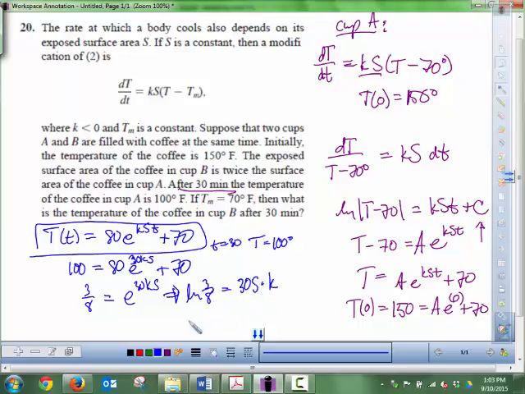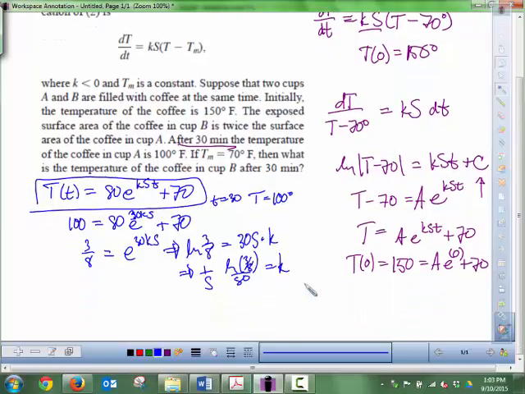Divided by 30s, you're going to get 1 over s, ln of 3/8 divided by 30. That's what your k is equal to. So when you put that back in, you have a new and improved function.